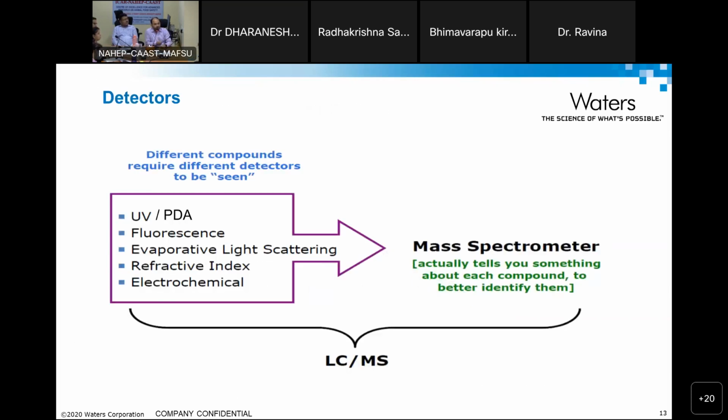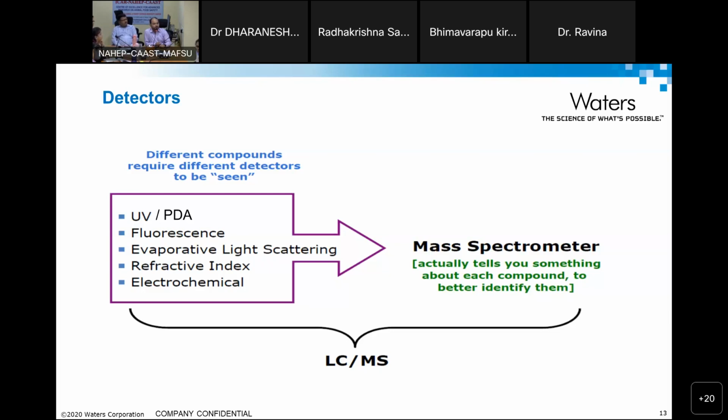There are different detectors which can be used with HPLC or UPLC systems. I have mentioned some of them, such as ultraviolet or photodiode array detectors, fluorescence detector, ELSD detectors, RI detectors, electrochemical detectors. Different compounds have different physicochemical properties, so they require different detectors to be seen.